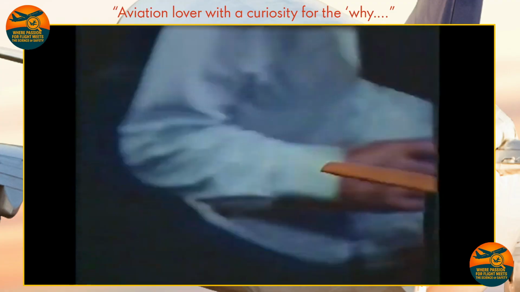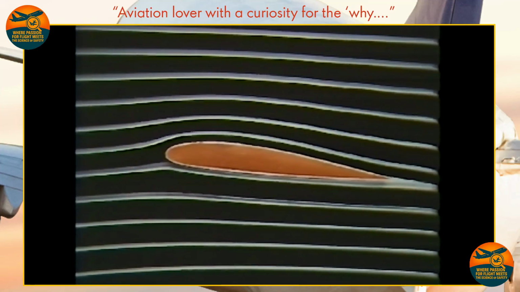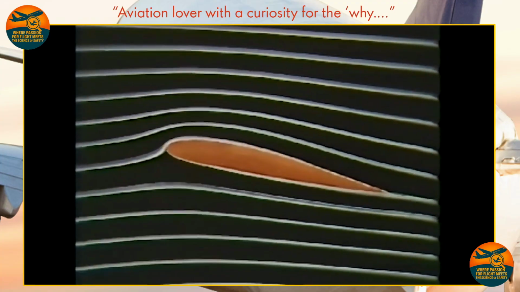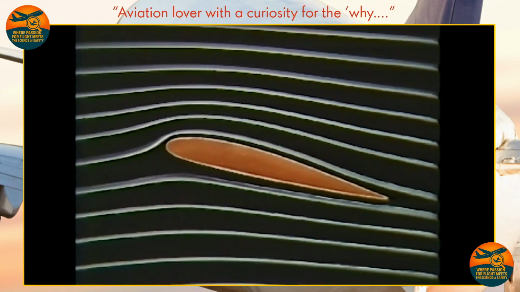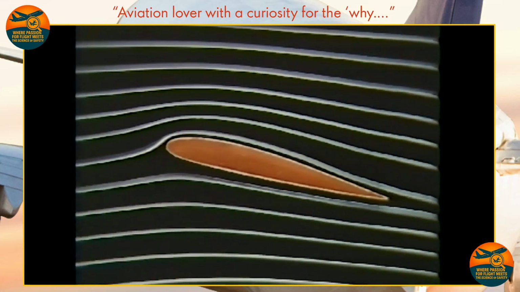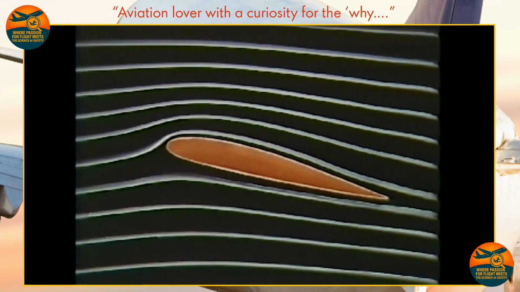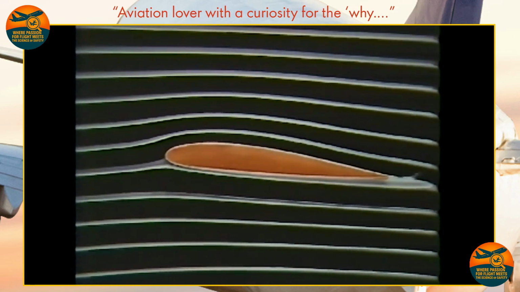If we set it in the smoke tunnel, we can see how smoothly the air flows around its contours. What's more, we can increase the angle to the airflow by quite a large amount without it breaking away. We call this variable angle to the airflow incidence, or angle of attack. But the really important thing is what happens to the airflow as it flows over and under the wing.